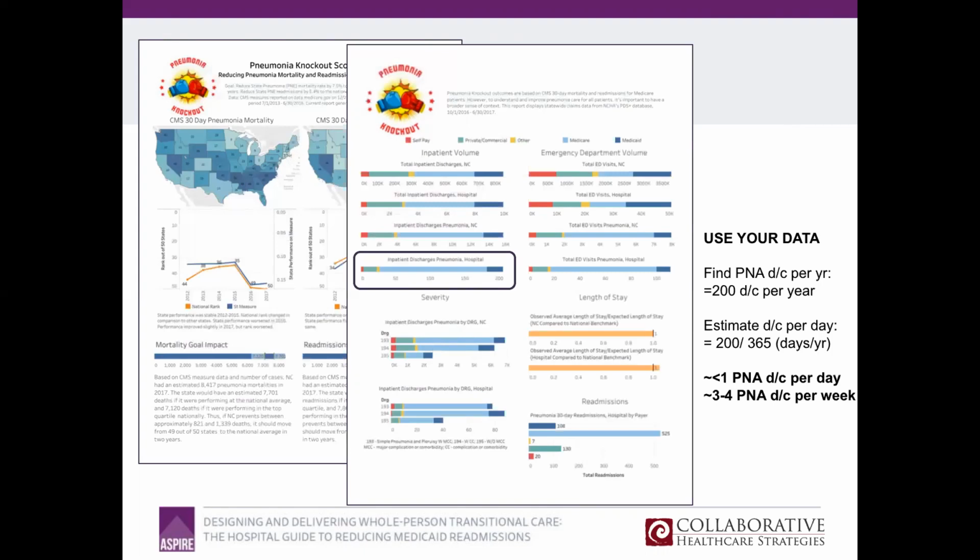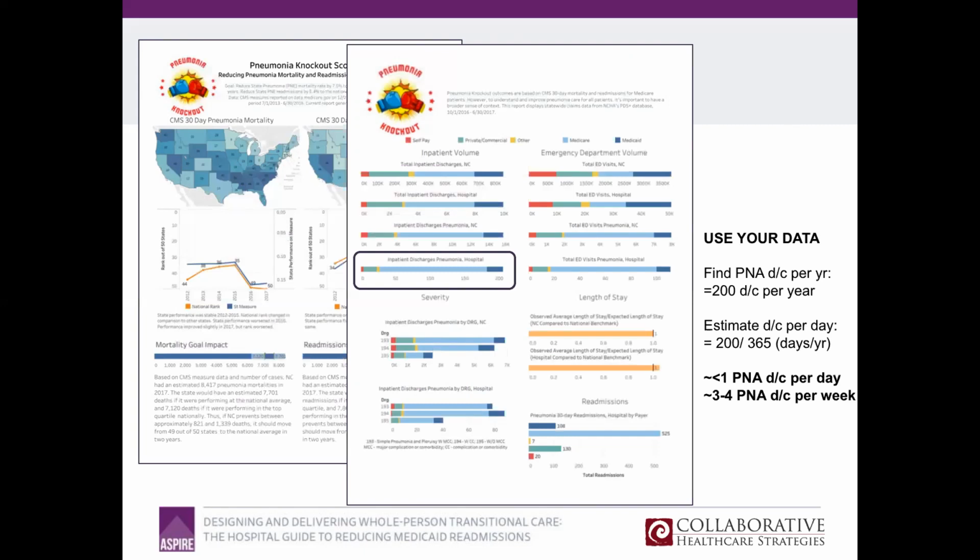So what do you say with 200? What do I do with the number 200? What I always do is a quick estimate: divide 200 discharges a year by 365 days in the year, and what you can readily see is that we have less than 1 pneumonia discharge per day at our hospital.